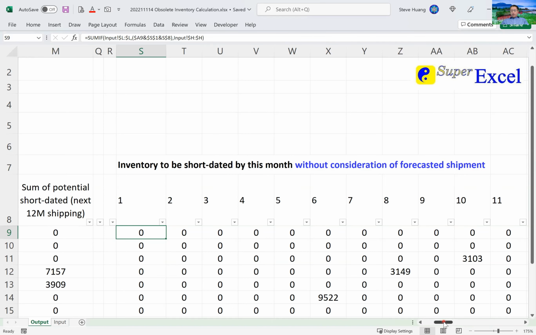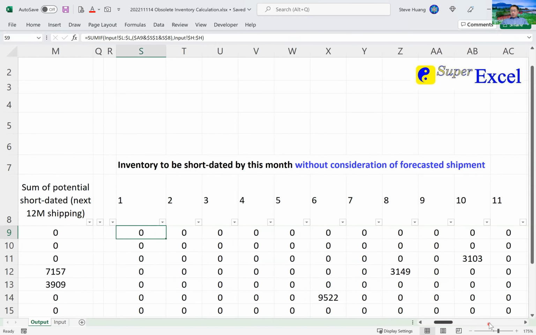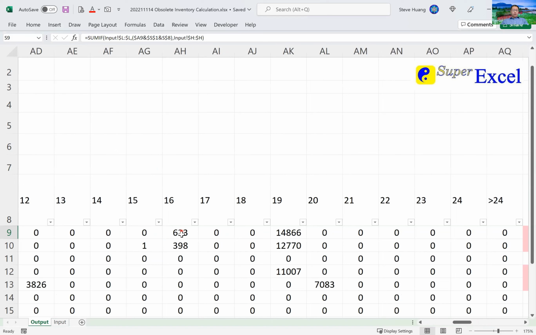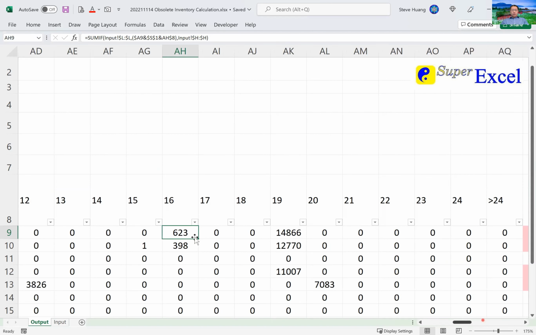So for the first item, the first month that we have inventory short dated will be the 60th month. There are 623 units that would be short dated if we don't ship anything out during that time. So for the first month it's 0, but for that 60th month, we would have 623 short dated if we did not ship to our customer within 60 months.